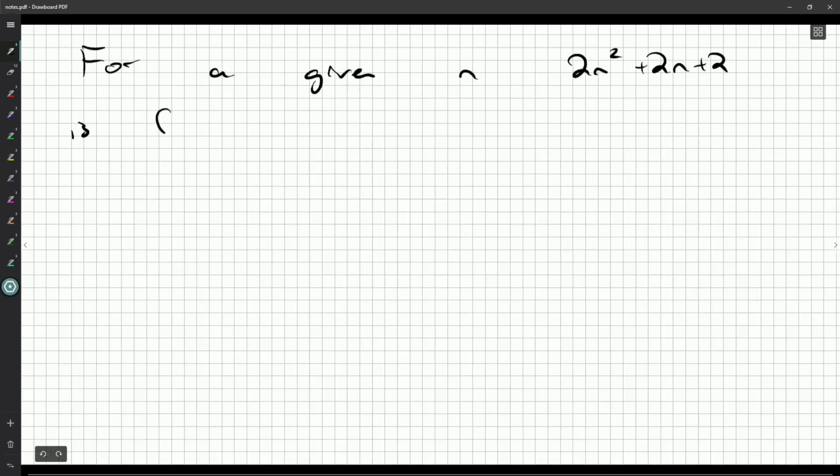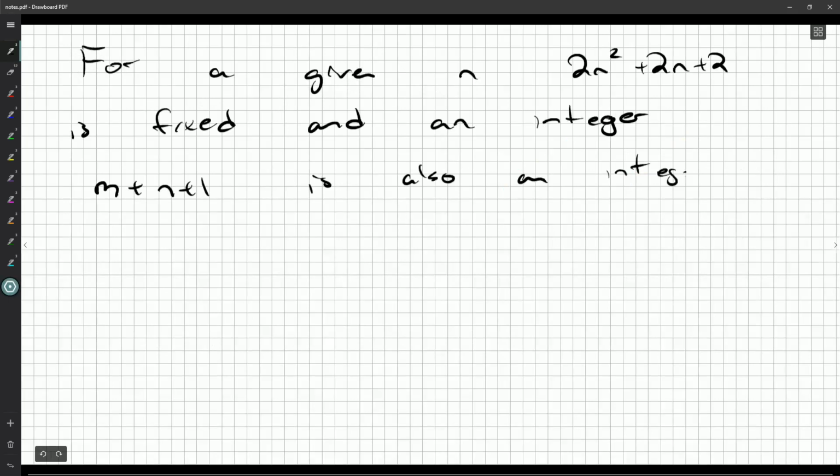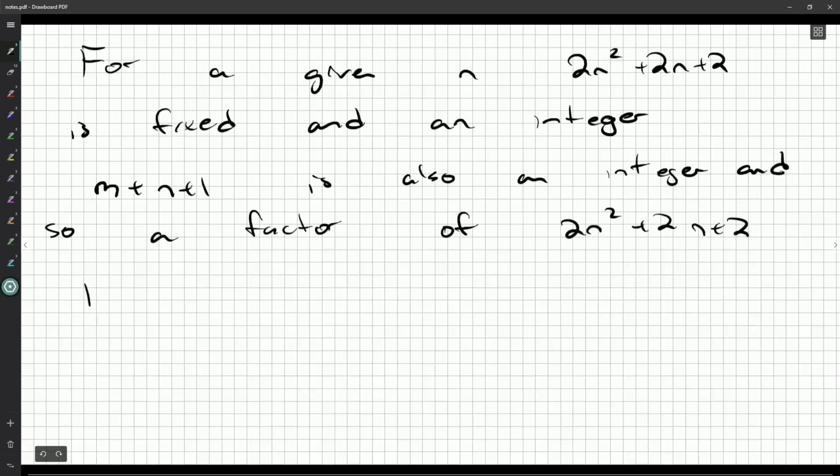Plus 2n is fixed, and an integer. m plus n plus 1 is also an integer. And so a factor of 2n squared plus 2n plus 2. But this depends nothing on our choice of the values of m. So this has a fixed number of factors.